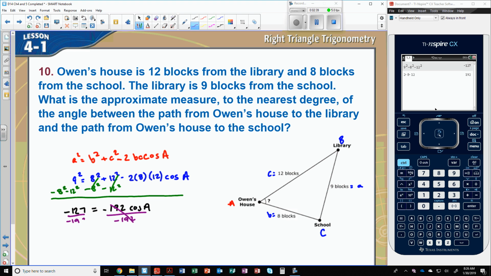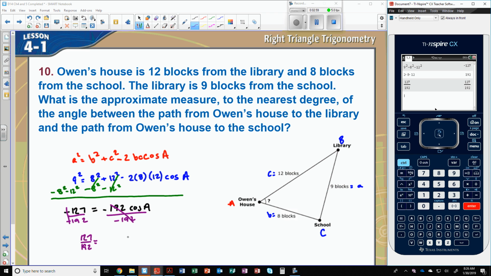The negatives will cancel out. And so we have 127 divided by 192. Does it reduce? Oh, it does not reduce, so it just stays as it is. And so I have 127 over 192.